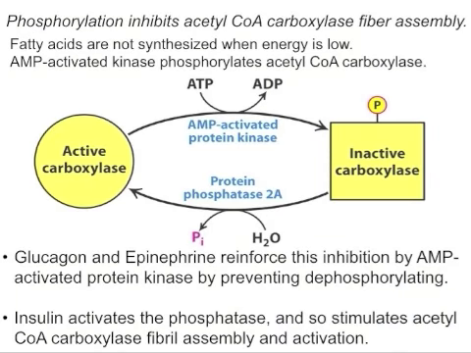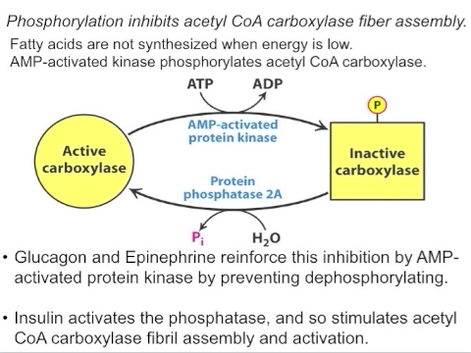Now, phosphorylation inhibits acetyl-CoA carboxylase fiber assembly, and if acetyl-CoA carboxylase cannot form the fiber, it will not be active. Fatty acids aren't synthesized when energy is low. We don't want to store fuel if we need energy.